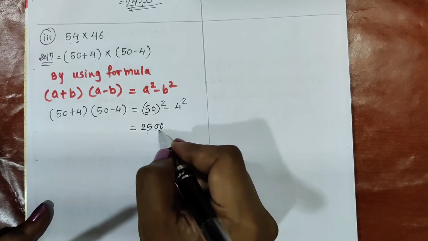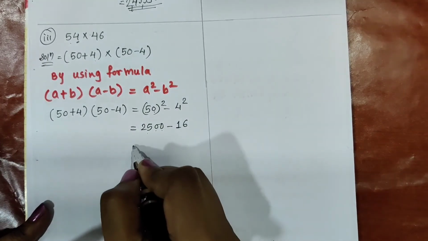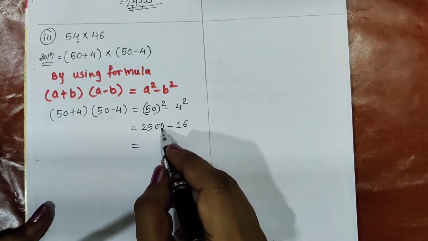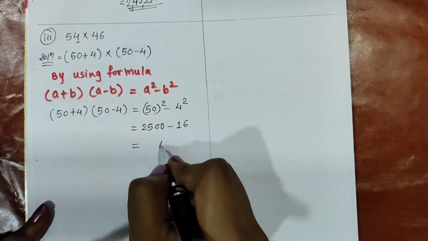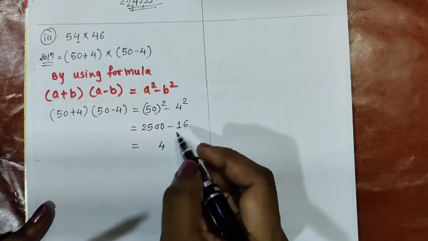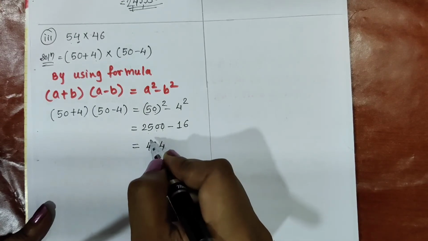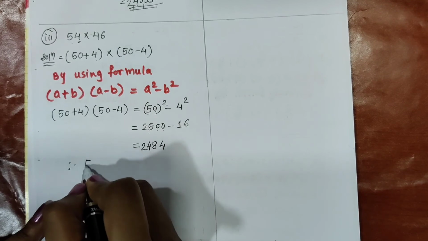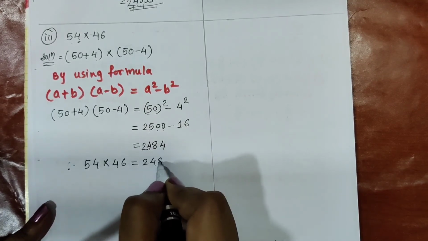In place of 10 we will be writing 2 zeros and 4 square is 16. Now subtract 2500 minus 16. Here 0 minus 6 means what? 10 minus 6 will be 4. Now 1 borrowed here, so 9 is remaining. So 9 minus 1 is 8. Instead of 5, 4 we have to write 2, 4, 8, 4. So therefore 54 into 46 is equal to 2484.